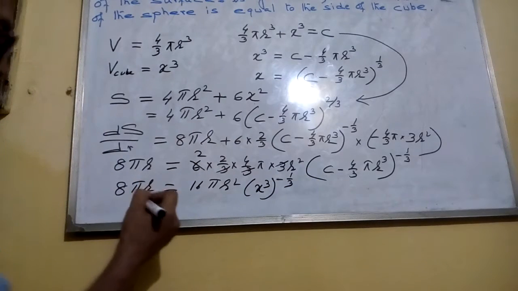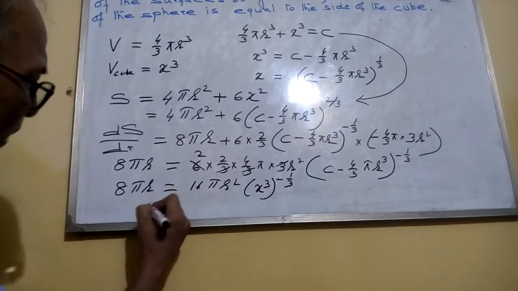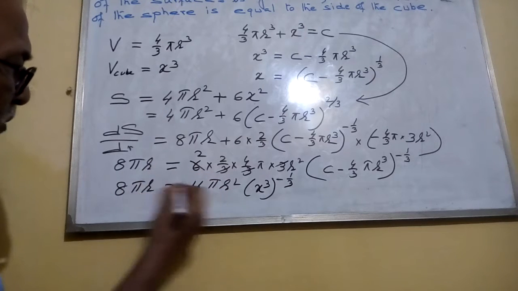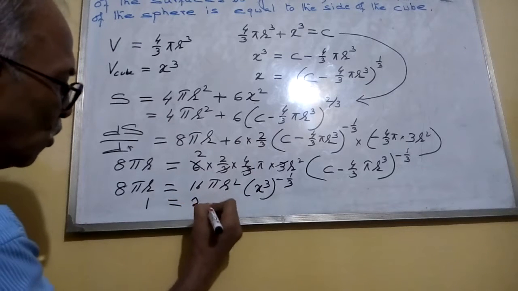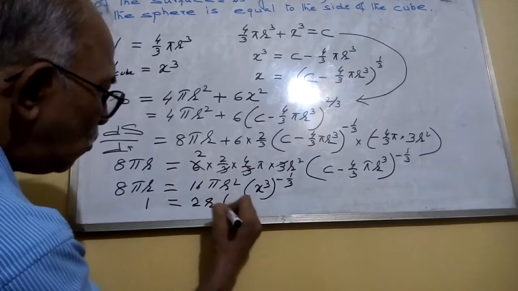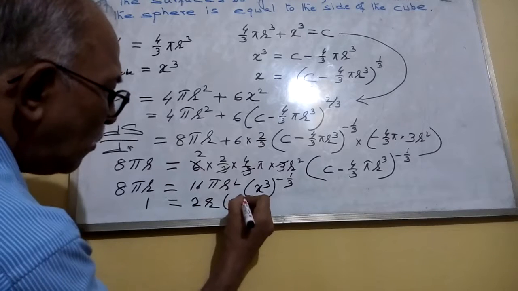From here, after cancelling 8π and 8π, and cancelling 8πr, it will be 1 = 2r × x^(−1).